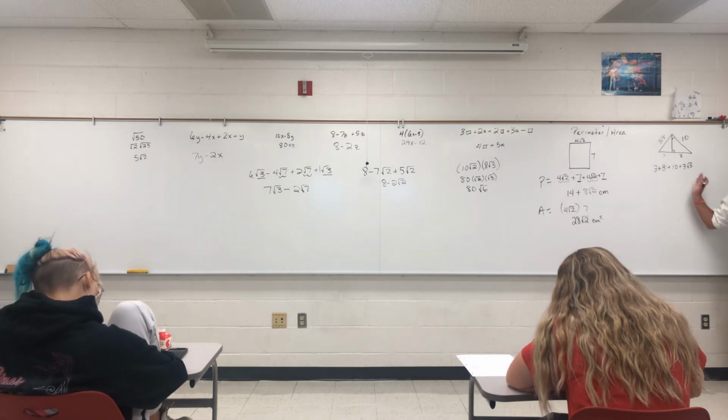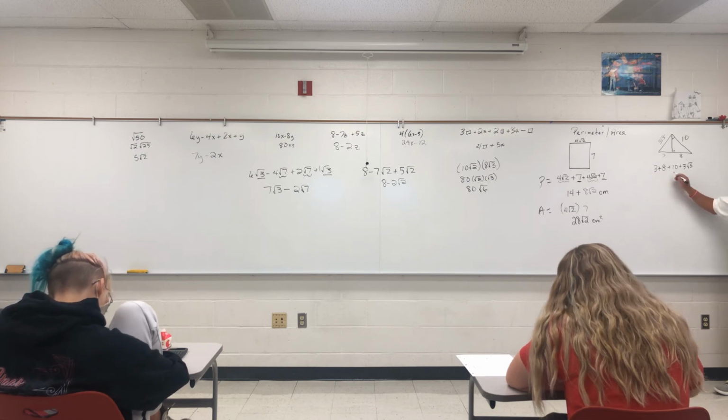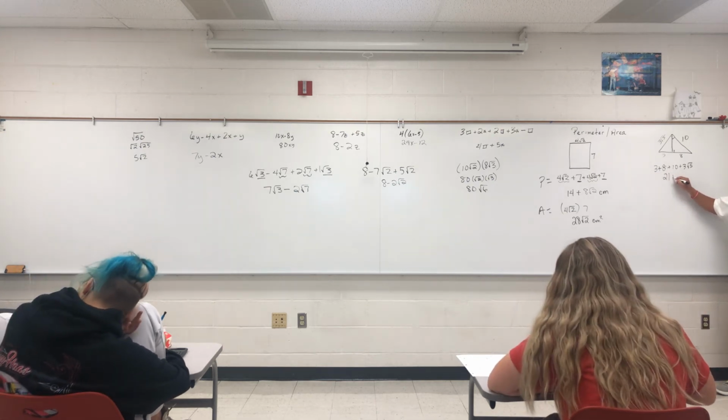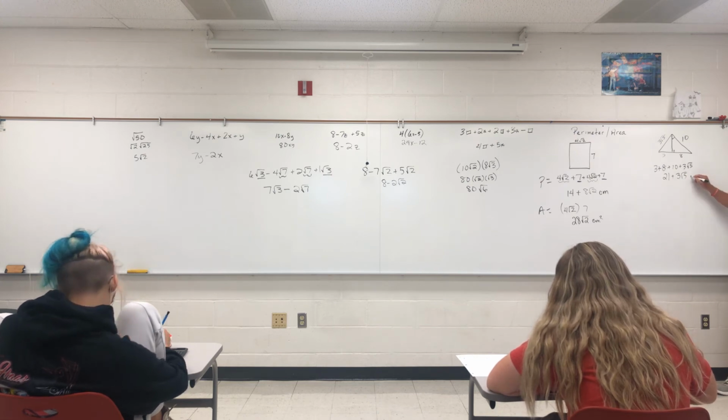What parts are alike? 3, 8, and 10, aren't they? So we would have 21 plus 3 square root of 5 meters this time for perimeter.